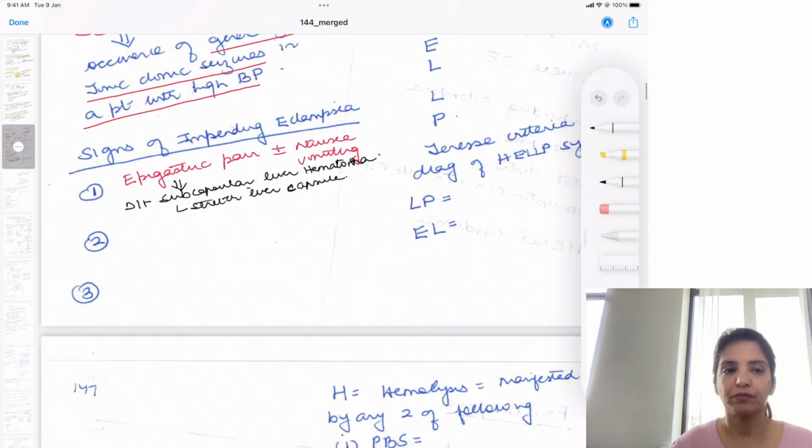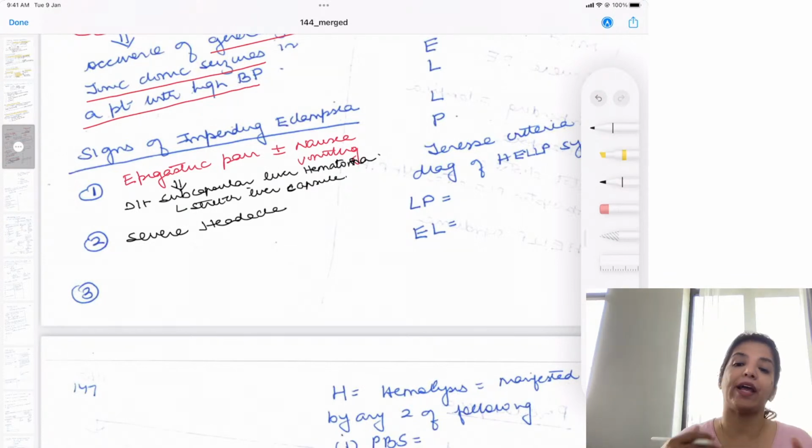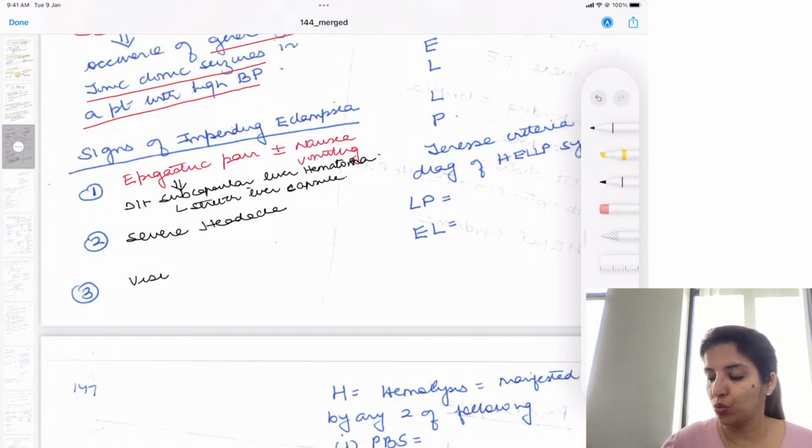Number 2. Second symptom is, if your patient is having headache, severe headache, which is not something which she had ever had usually. So it's not like a usual headache. Patient says, I'm having severe headache, right? And the third is if she starts having visual symptoms.